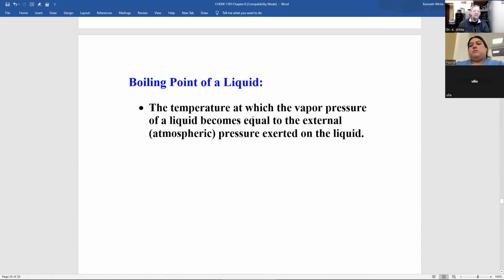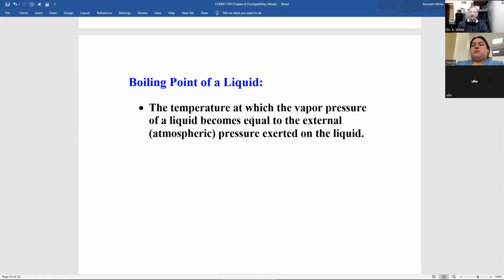Now, there's an important concept, and that's the boiling point or temperature of a liquid. That's the temperature at which vapor pressure of a liquid becomes equal to the atmospheric external pressure on the liquid.